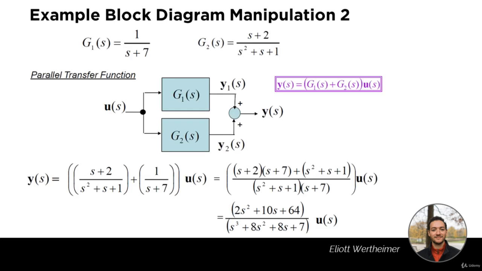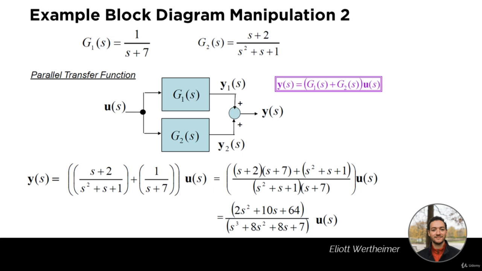Now looking at the parallel transfer function example with exactly the same transfer functions, again you can rework out the equation for this configuration, and you will get that Y(s) is equal to, in parentheses, G1(s) plus G2(s), times U(s).